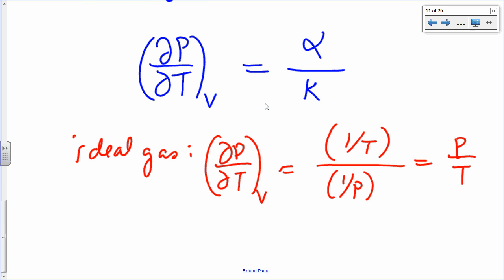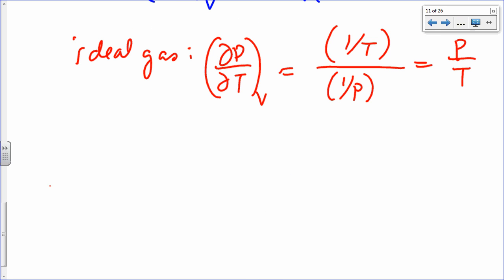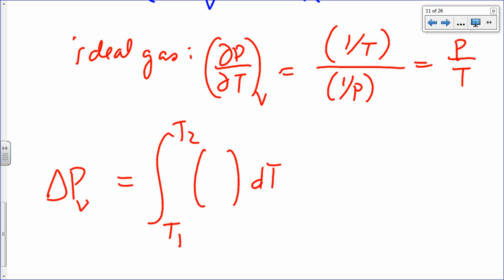Alright, so to solve our problem, what do we say? Delta P at constant volume equals the integral of changing temperature from T1 to T2, and this derivative was the partial derivative of P with respect to T at constant volume.